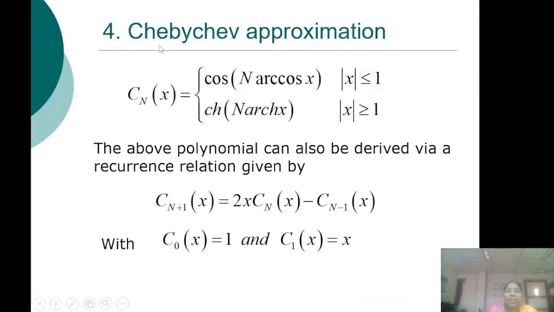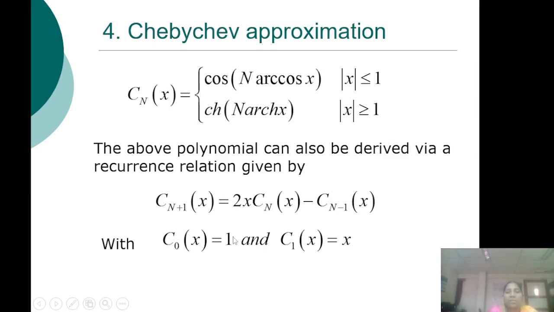Next, the Chebyshev polynomial is expressed as Cn of x equal to cos of n cos inverse x for modulus of x less than or equal to 1, and cosh of n cosh inverse x for modulus of x greater than or equal to 1. The recursive polynomial is given by Cn plus 1 of x is 2x Cn of x minus Cn minus 1 of x, where C0 of x is 1 and C1 of x is equal to x.